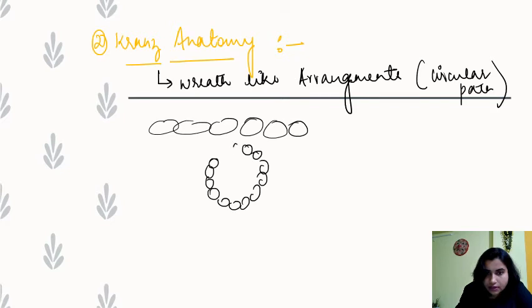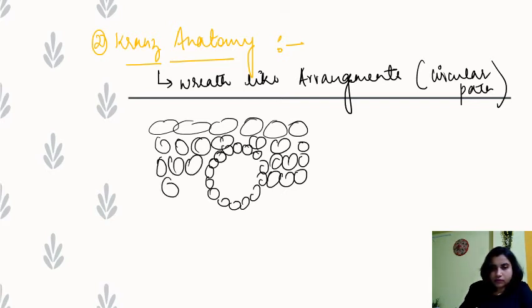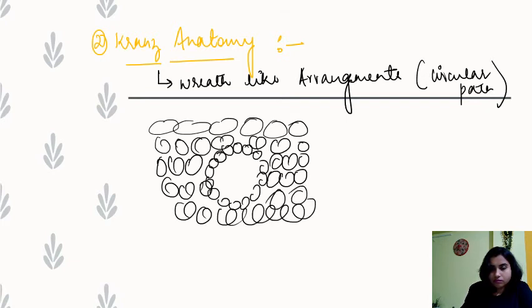If you see this diagram, these are your mesophyll cells. This is what we call mesophyll cells.